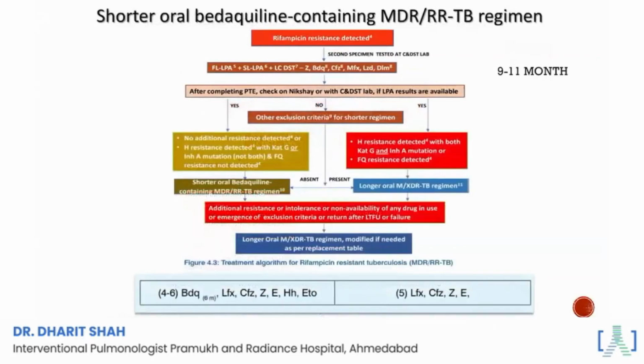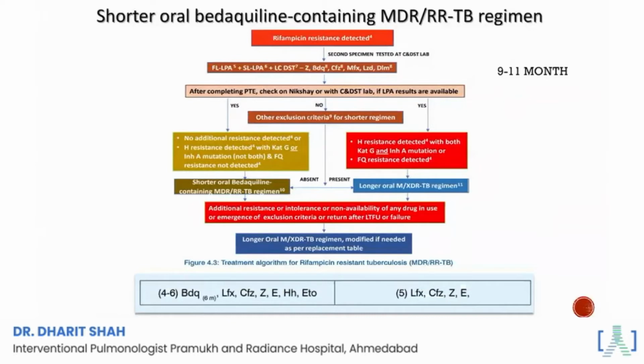The second regimen is the shorter oral bedaquiline-containing regimen. This is new, just implemented in the NTEP within the last 4 to 5 months only, and it lasts 9 to 11 months. For 4 to 6 months, we use bedaquiline with levofloxacin, clofazimine, pyrazinamide, ethambutol, high dose isoniazid, and ethionamide.